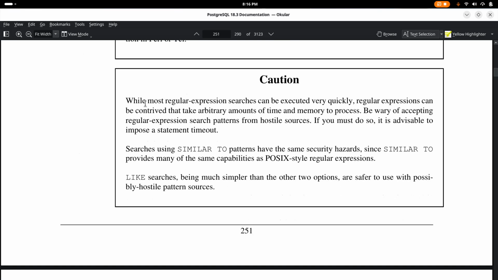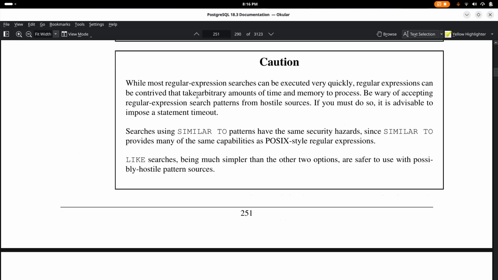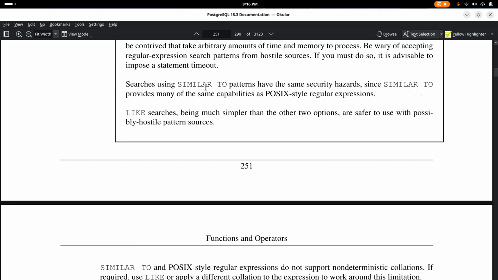Caution. While most regular expression matches can be executed very quickly, regular expressions can be written that take arbitrary amounts of time and memory to process. Be wary of accepting regular expression search patterns from hostile sources. If you must do so, it is advisable to impose a statement timeout. Searches using SIMILAR TO patterns have the same security hazards, since SIMILAR TO provides many of the same capabilities as POSIX-style regular expressions.